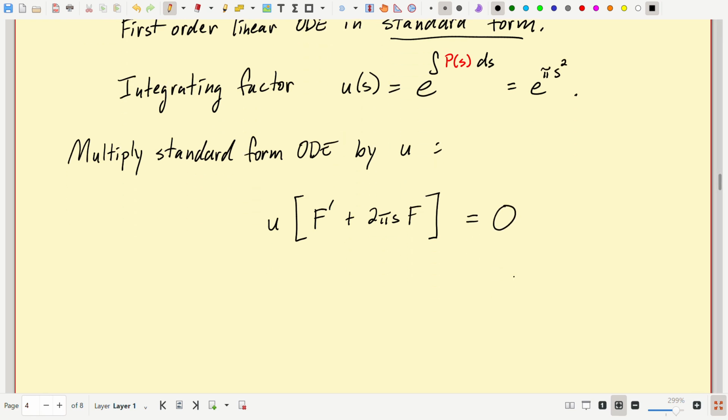The reason we chose this integrating factor was to make this the derivative of a product. That formula for the integrating factor was devised so that this would be, when you do the product rule, the derivative of the product. Okay, that's why we cooked it up.